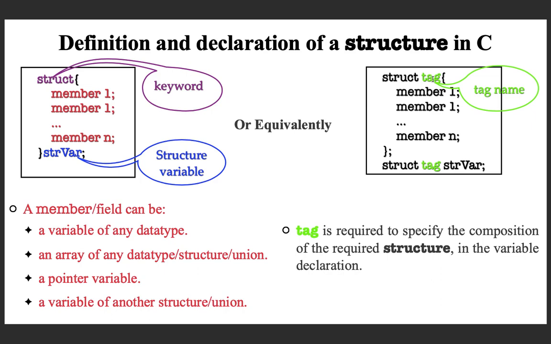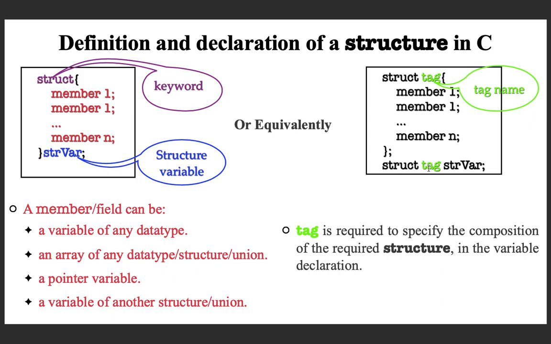Suppose you have two structures defined. Then how will you say, okay, I need a variable of the first structure? You use a tag in the first structure and you specify it here.